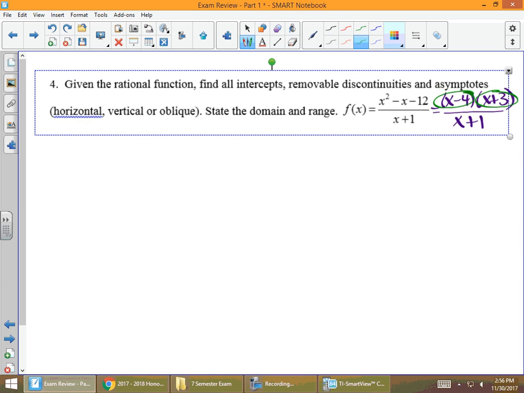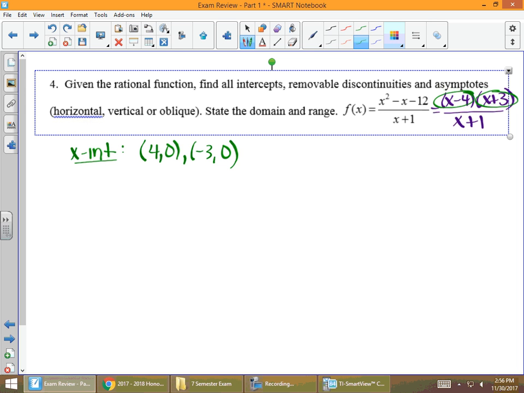So I expect this graph to cross the x-axis at (4, 0) and (-3, 0). Again, this is top-heavy, so we're going to have an oblique asymptote. Our vertical asymptote comes from the denominator.